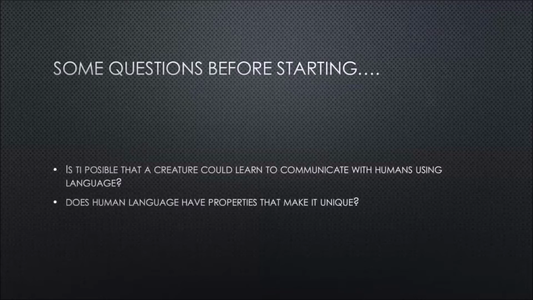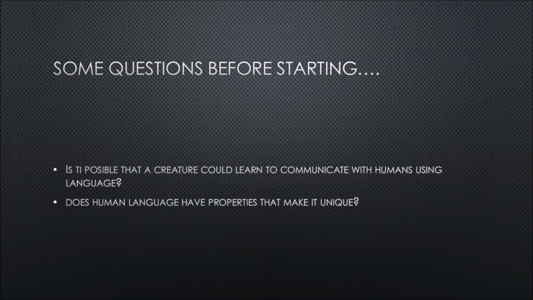First, is it possible that any other creature could learn to communicate with humans using language, and also, does human language have properties that make it unique? That is the point of this presentation: the design features or properties that human language has.